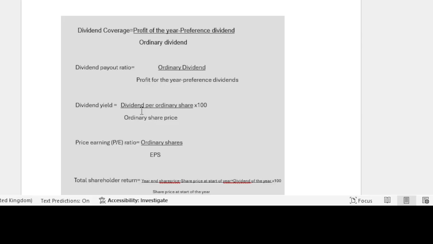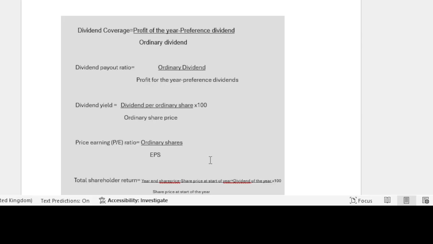Then we have the dividend payout ratio, where we use the ordinary dividend and divide it by the profit for the year minus the preference dividends. So these are different, and you should not confuse them. The dividend cover is different from the dividend payout ratio and the dividend yield.